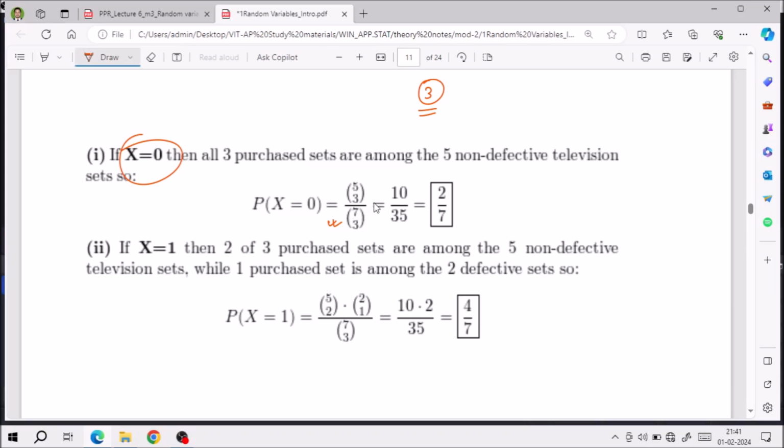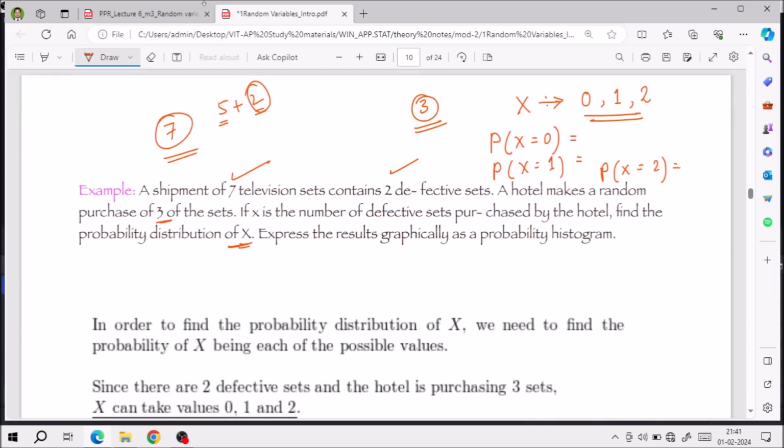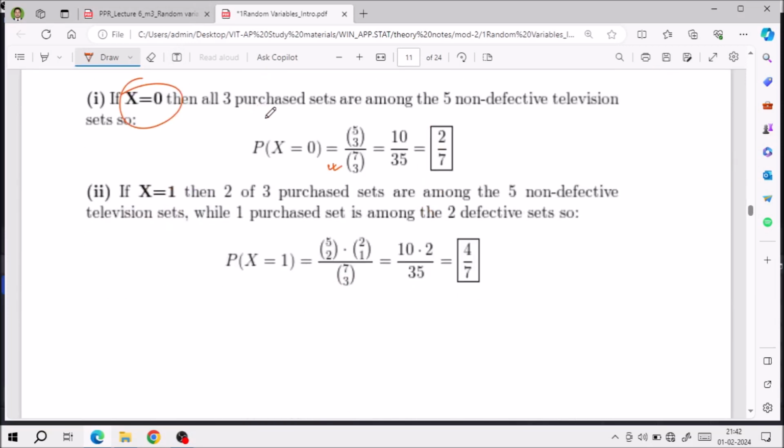This is the number of points in the sample space, and those 3 sets will be non-defective. You have a total of 5 non-defective sets and 2 defective, so those 3 will come from the non-defective sets. So 5C3 divided by 7C3.